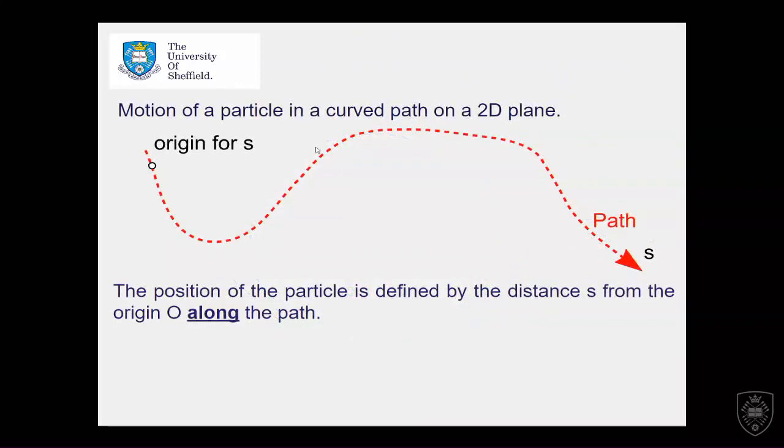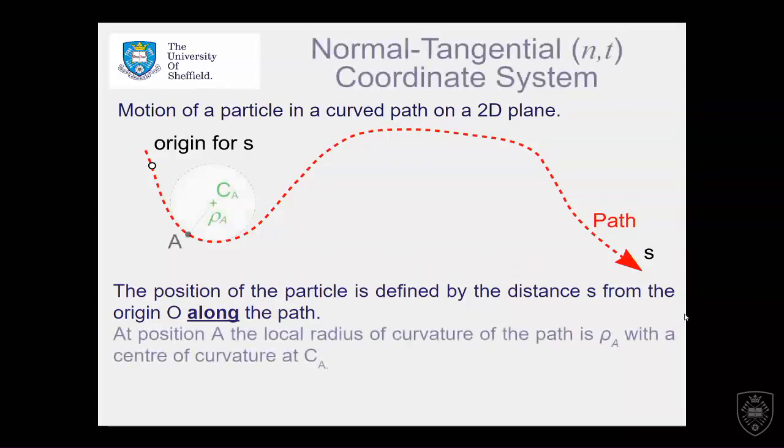So as a summary, we're doing this in 2D. The position of the particle is defined by the distance along the curve. That's what a car would be able to measure, what many machines would be able to measure. For different bits of the trajectory, if we were given the circle which best matches it, we could describe the velocity and acceleration and everything at the point A in terms of circular motion, in terms of the equations we just did, if we know c and rho.